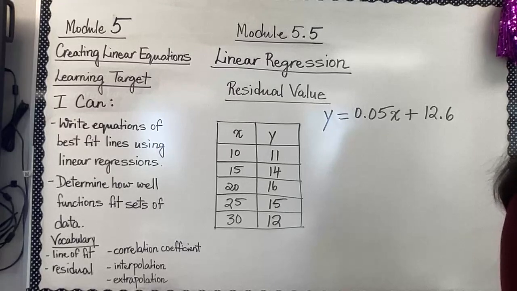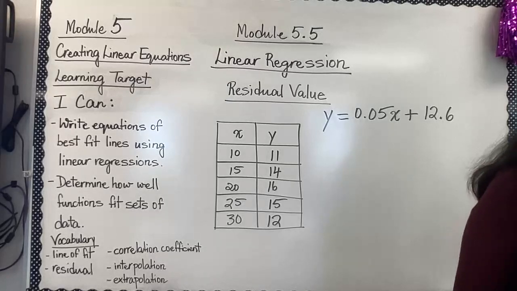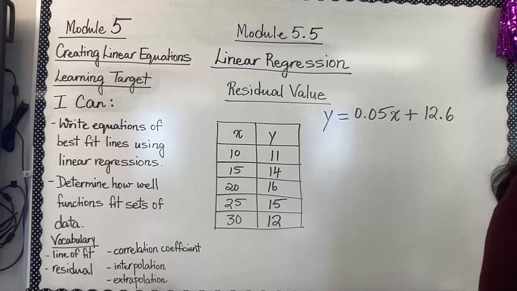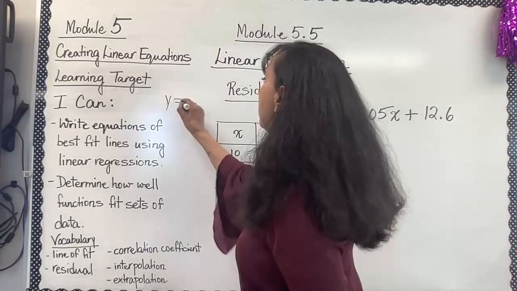Okay, and then you can graph the best fit line by pressing y equals, VARS, and that's what you're going to see on your calculator. You're going to see this.